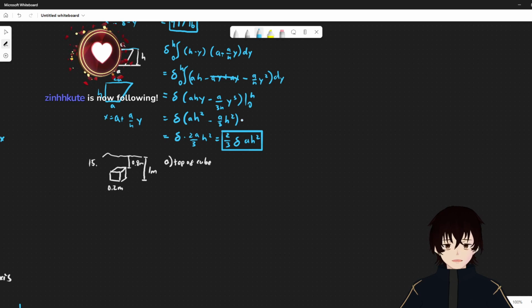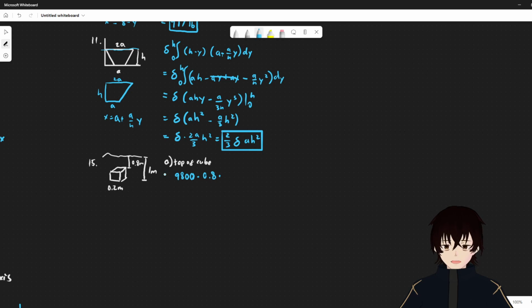In which case that would be water density times 0.8 meters times 0.2 meters squared, which is equal to... I have no idea if this is actually how it works, but it's worth a try. 313.6, and this is 15.